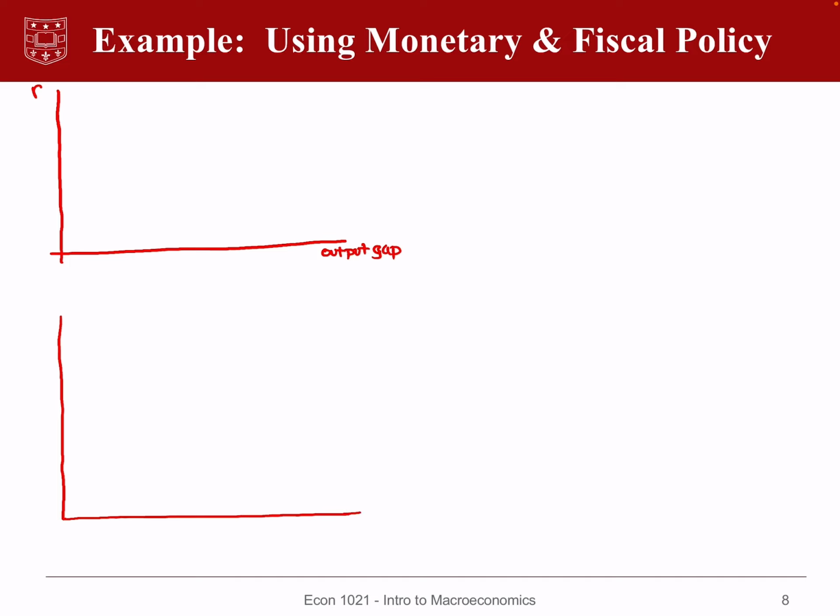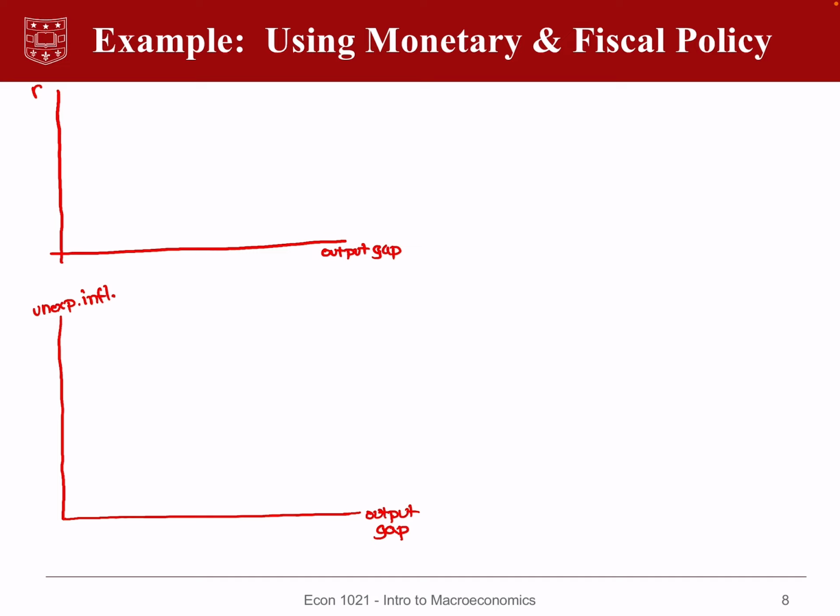So again, we're going to put the output gap. And now on the vertical axis, we have unexpected inflation. Now, what I like to do when I'm starting off like this is just pick the 0 points. I kind of pick the 0 point in the middle of the picture.